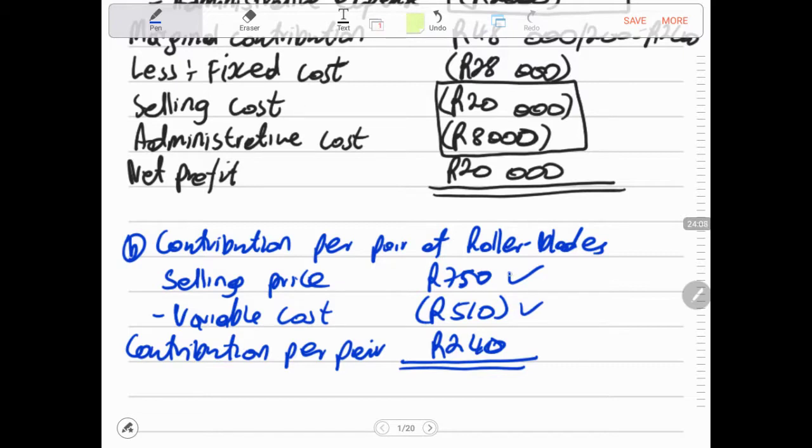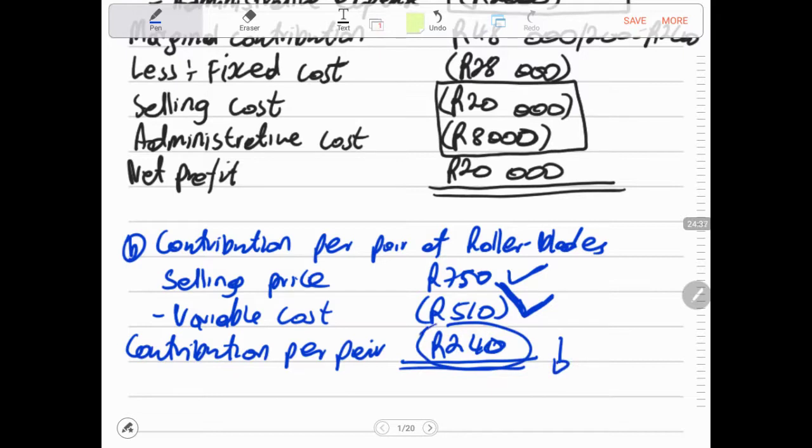So if you say our income minus the variable cost, we get to a profit of 240. Now, since we have deducted the variable expenses from our selling price, we get to the amount that will contribute to fixed cost. So meaning for every unit we sell, this will reduce our fixed cost.